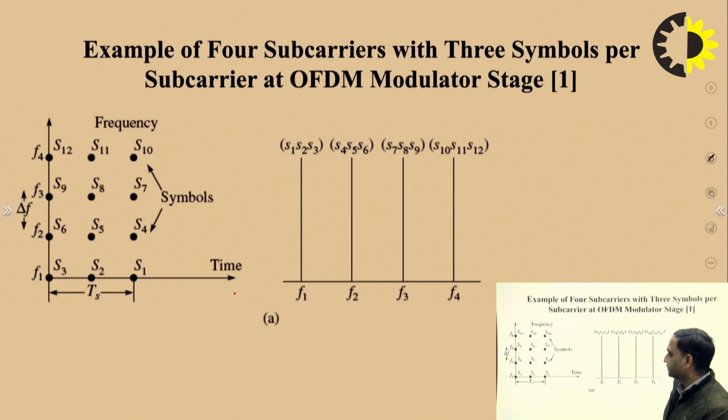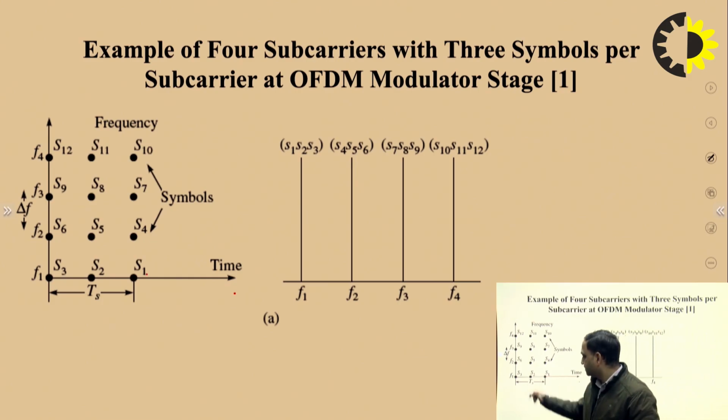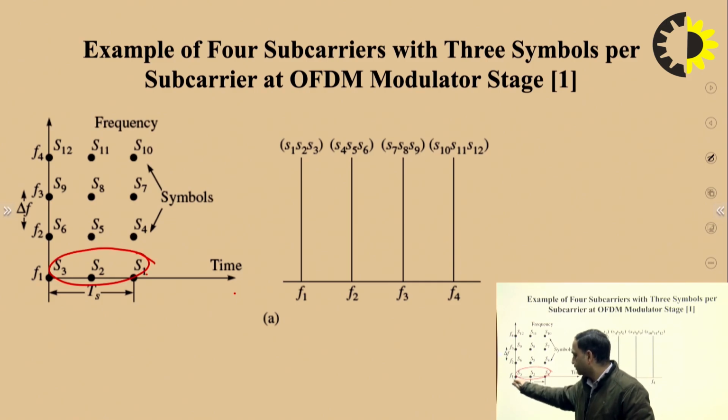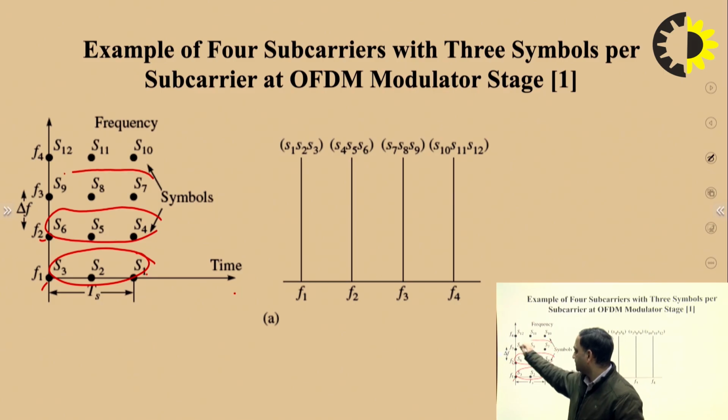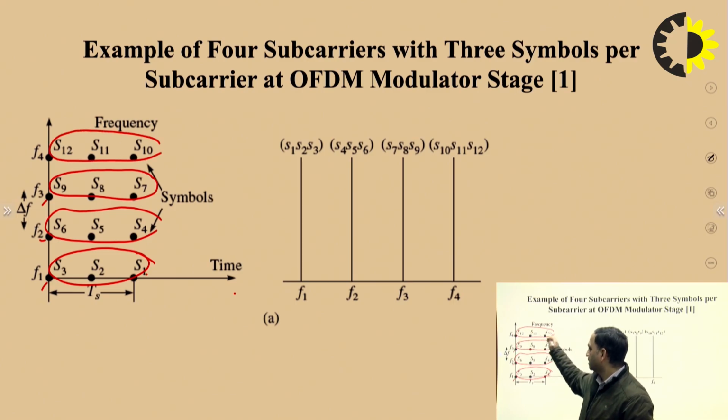So from an example point of view, we can talk about S1, S2, S3, these three symbols, which are modulated by the frequency F1. Symbols S4, S5, S6 are modulated by the frequency F2. S7, S8, S9 are modulated by F3, and S10, S11, S12 are modulated by the frequency F4.